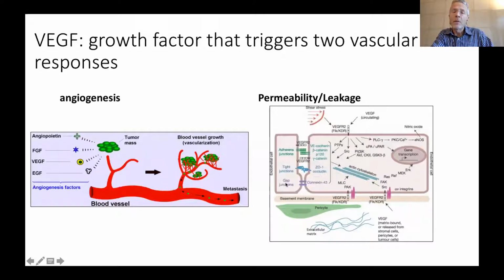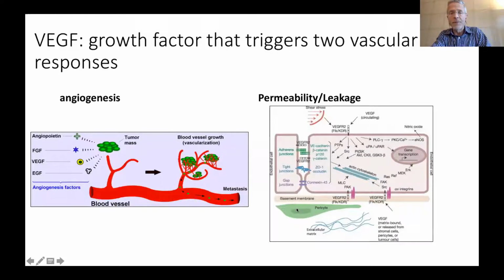The endothelial cell sits on a basement membrane, which it shares with pericytes, which are mesenchymal cells that line the blood vessels. And this is the inside of the vessel, the lumen, where the blood is flowing. What VEGF does is instruct the endothelial barrier to relax such that fluid in the vessels can leak into the tissue.